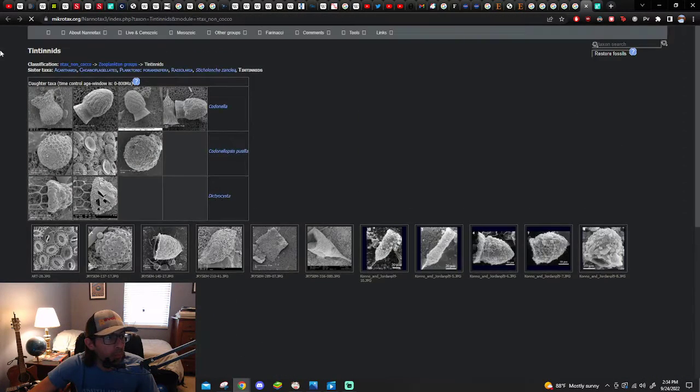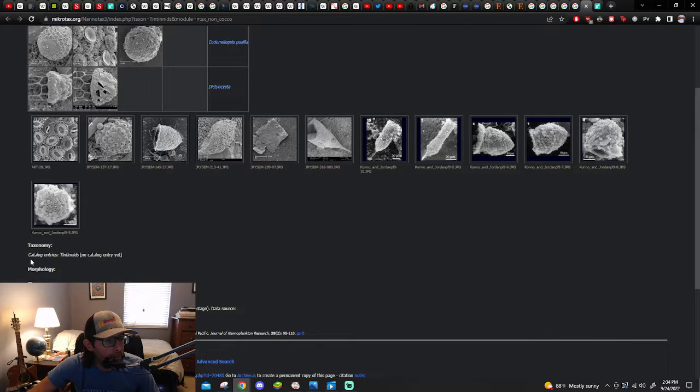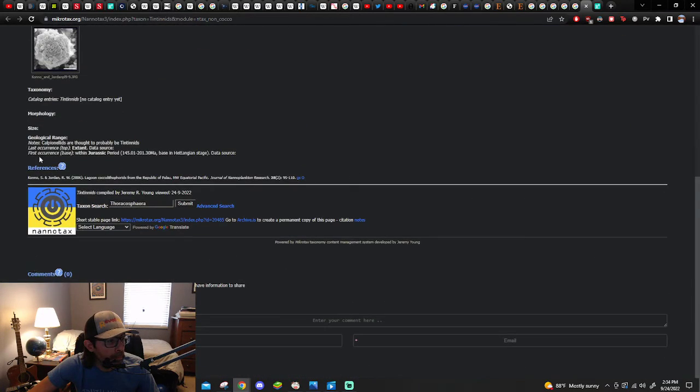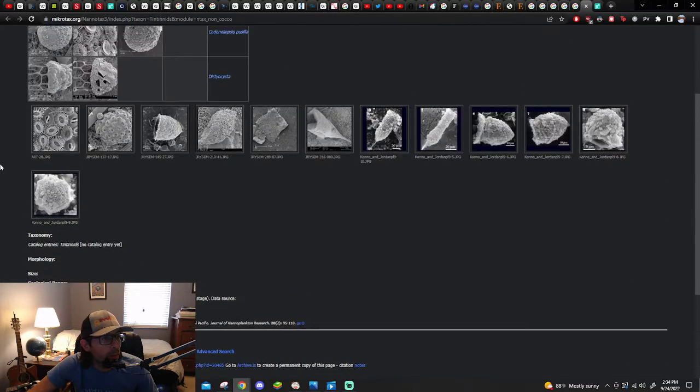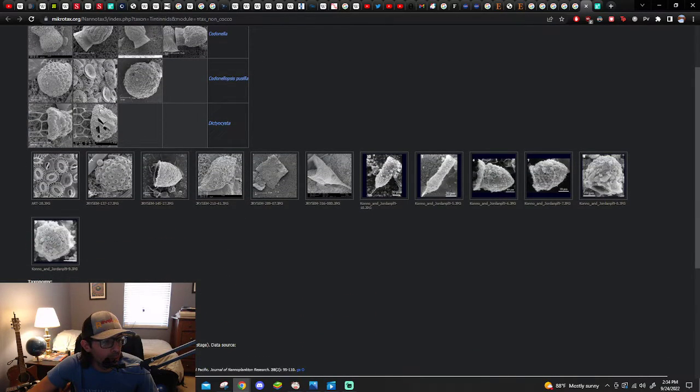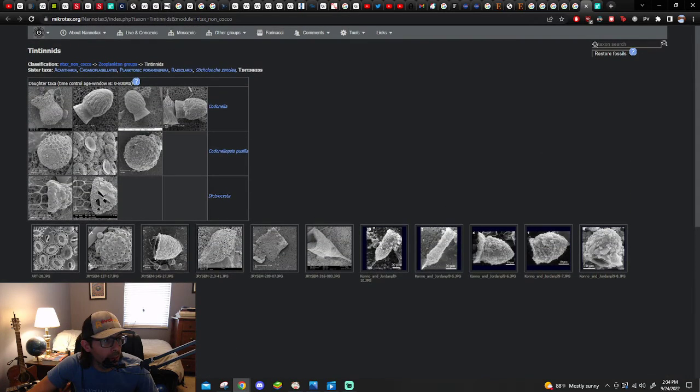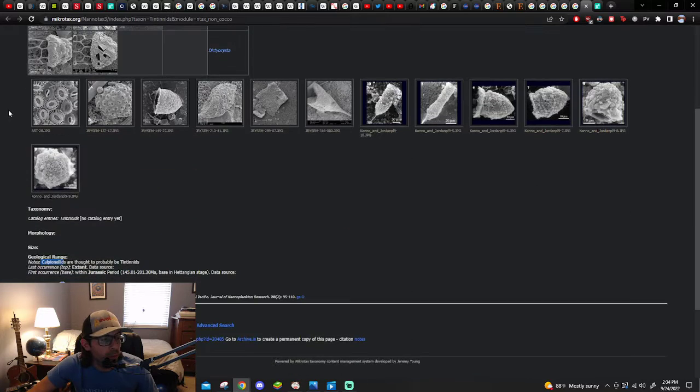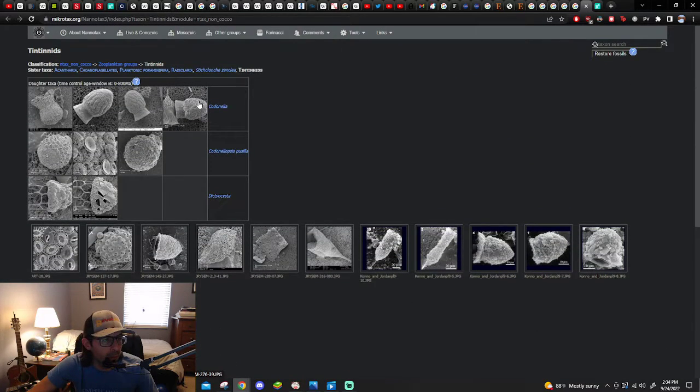Let's see if I can find more info. First occurrence, Jurassic period. Maybe. Okay, so this might actually be the Calpionellids.